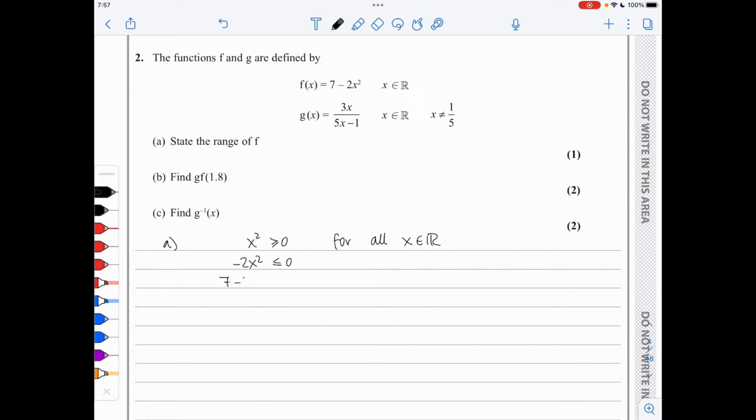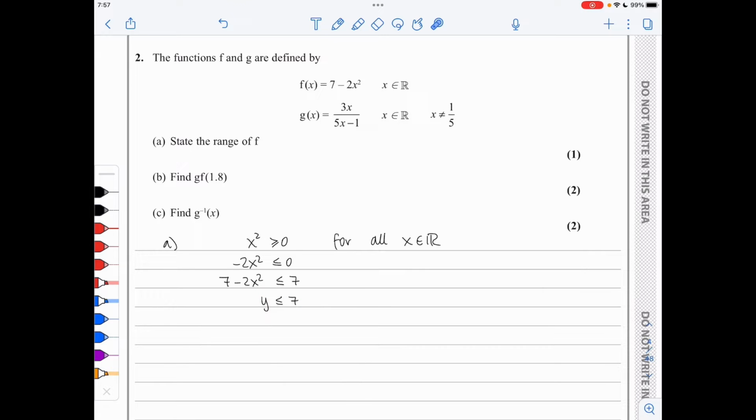So 7 minus 2x squared will be less than or equal to 7. And so y is less than or equal to 7. This is the range of f. Alternatively, you could have just seen that it's always 7 minus something which is non-negative. So it's 7 or below, leading to y being less than or equal to 7.